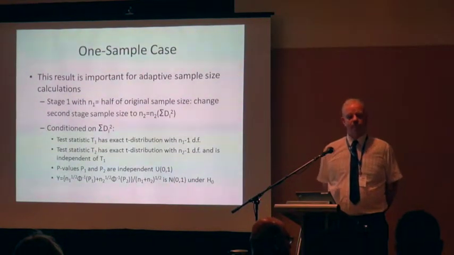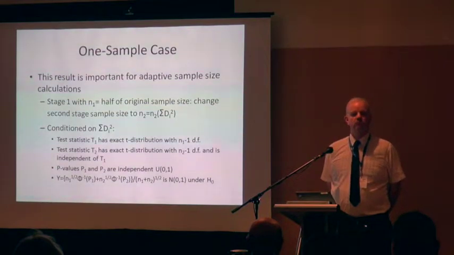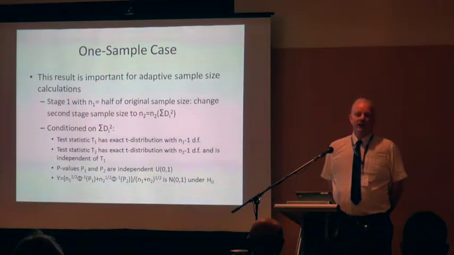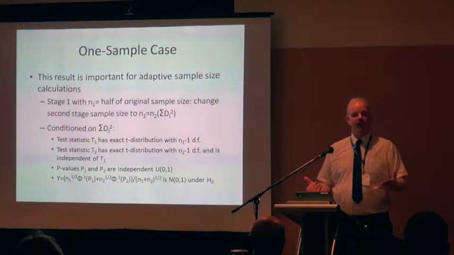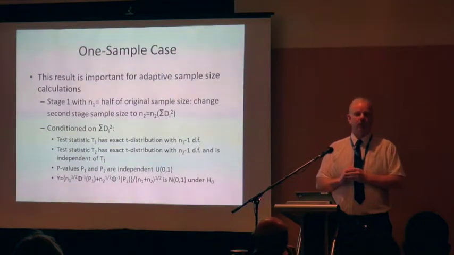Phase 2 setting. Is that information okay to look at? It is okay to look at, because under the null hypothesis you should not be able to gain an advantage. I've had people ask me that before. They say, hey, we think we have a really good idea what the variance is.